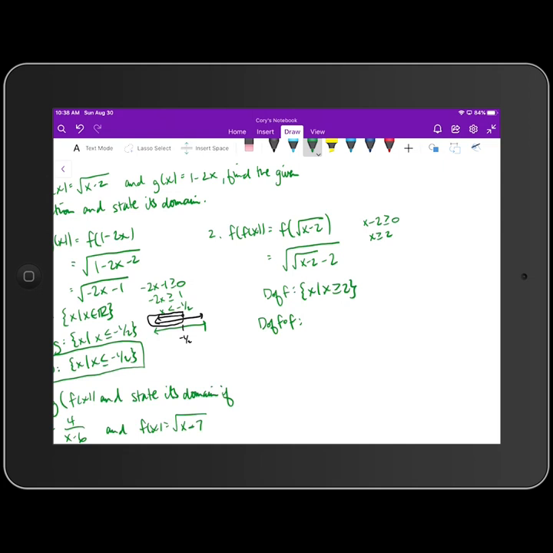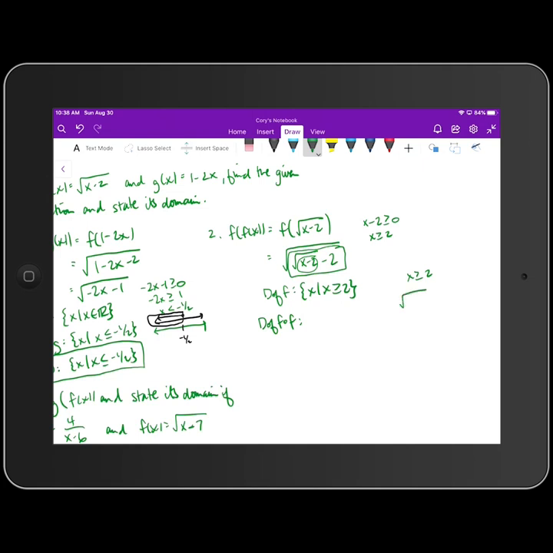All right, so we have to take the argument. Well, really we have two things that we have to worry about. Number one is that this smaller square root, the argument of that has to be greater than or equal to 0. So we know that, again, x has to be greater than or equal to 2. But then also when we look at this bigger argument, that has to be greater than or equal to 0 as well.